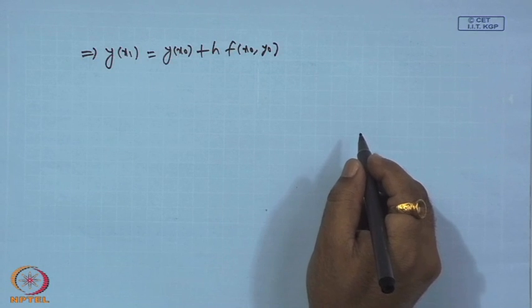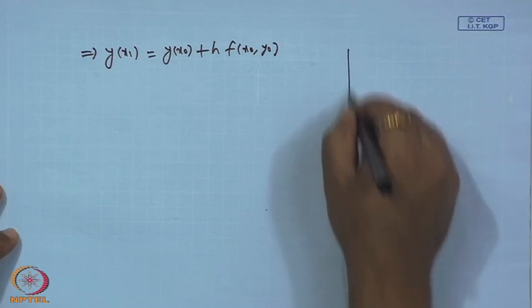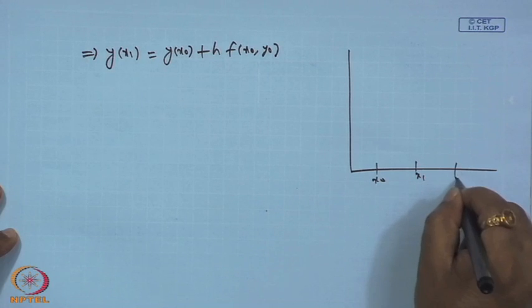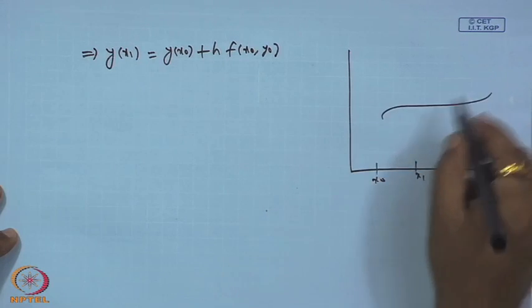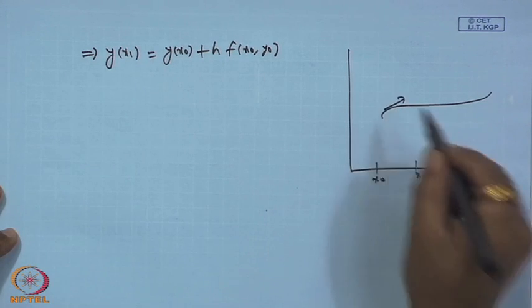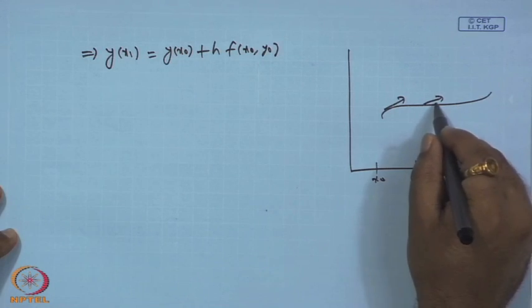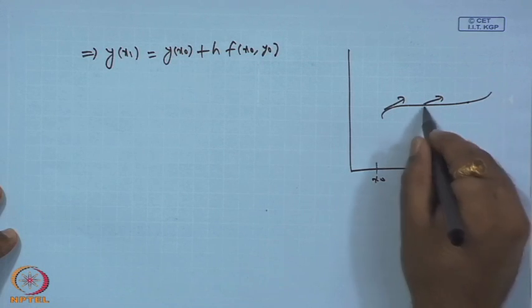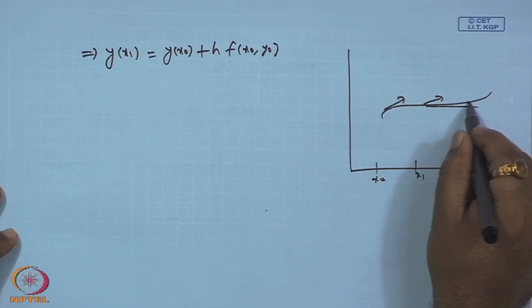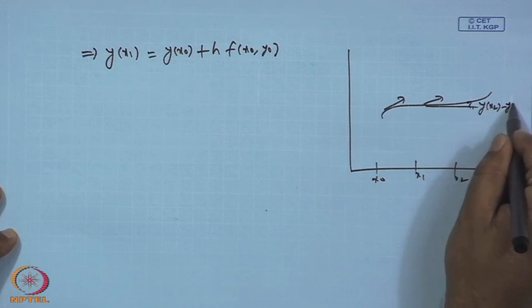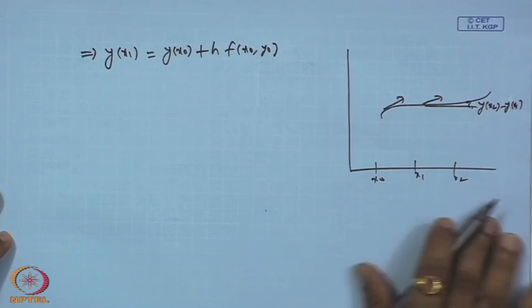Okay. So, this would give us, so that means you started x 0, x 1, x 2. So, we started approximating. So, next step if you approximate, then we have correspondingly this difference will be y of x 2 minus y of x 1.